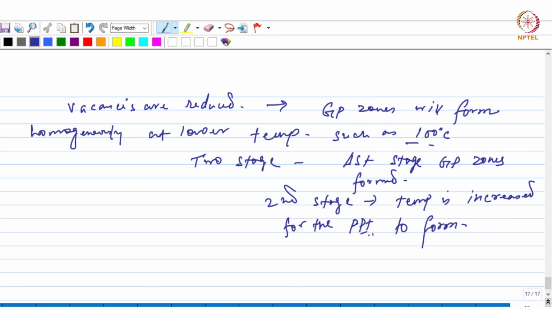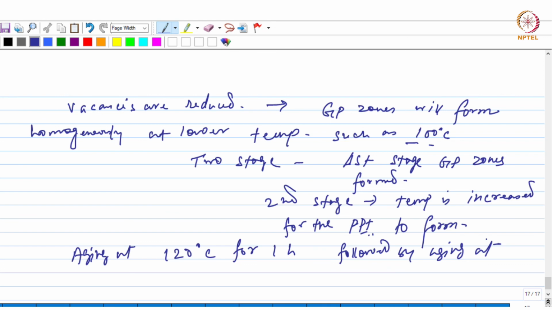A typical two-stage aging could be as follows. First, aging at 120 degrees Celsius for 1 hour, followed by aging at a higher temperature, around 160 to 175 degrees Celsius.